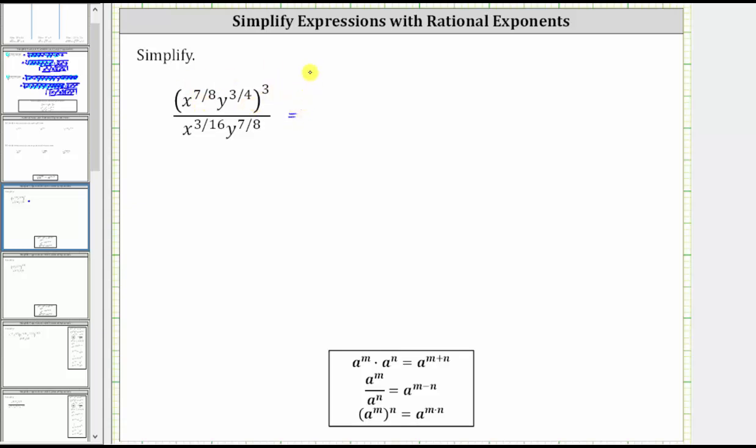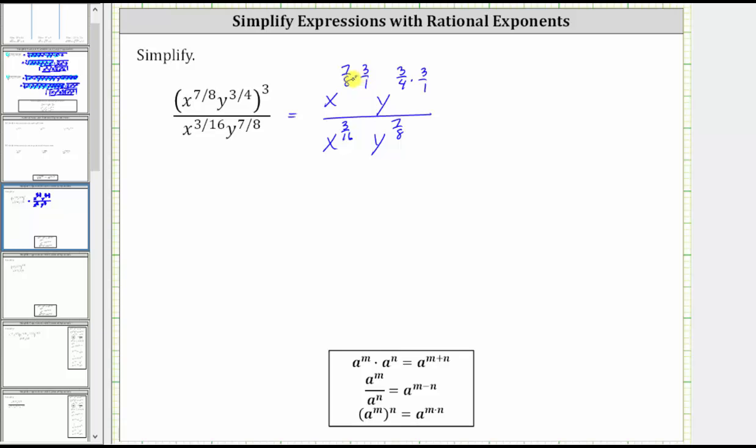The given expression is equal to x raised to the power of 7/8 times 3, or times 3 over 1, y raised to the power of 3/4 times 3, or 3/4 times 3 over 1. And this is still all over x raised to the power of 3/16, y raised to the power of 7/8.